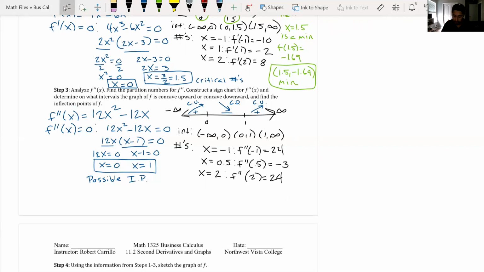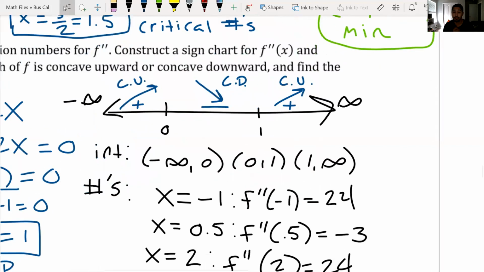Now we have to look at the chart for inflection points. Did concavity change on these possible inflection points? So we first look at 0. At 0, we go concave up to concave down, or we go increase to decrease, or we go plus to minus, which means concavity change.